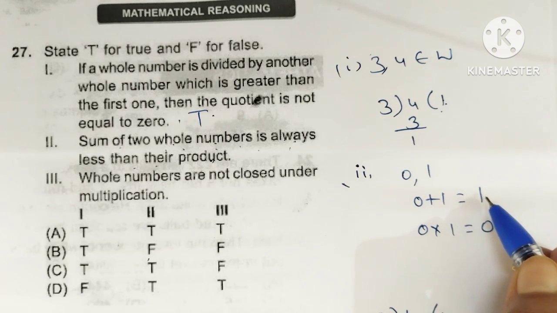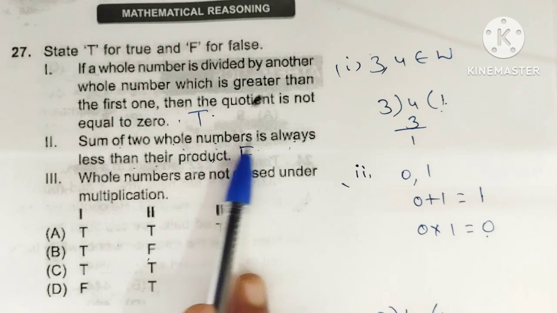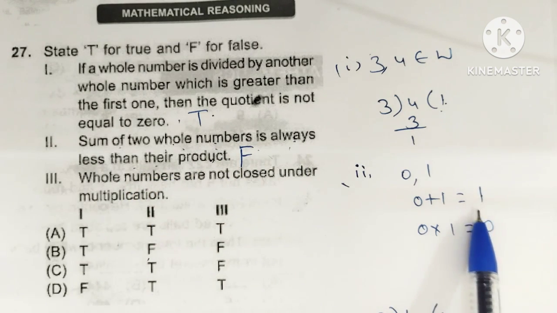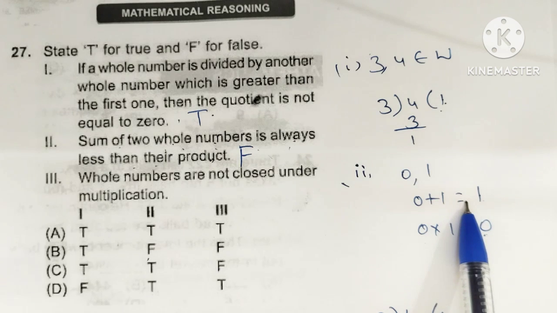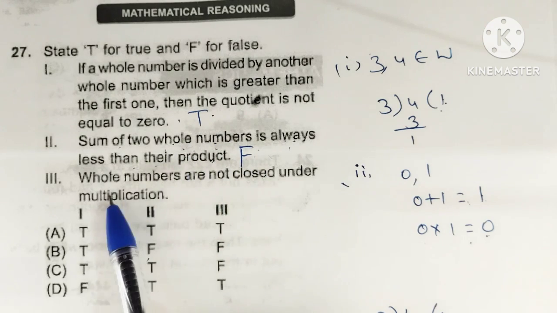So here 1 is greater than 0, so it is a false statement. Here the sum of the numbers is 1 and the product is 0. The sum is greater than the product, but the statement says less. So the statement is false.